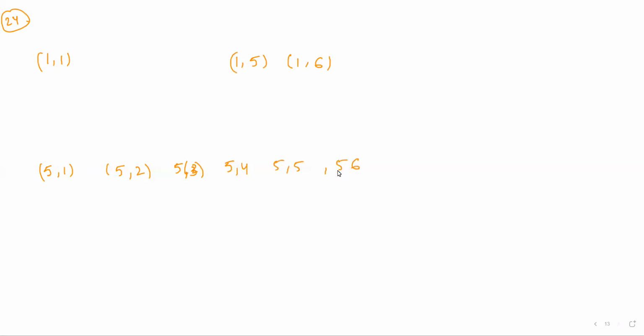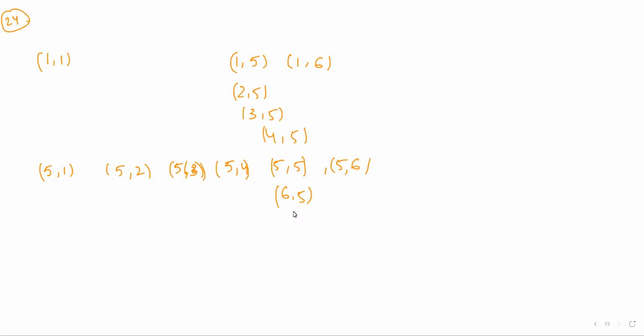Then 2 5, 3 5, 4 5, and 6 5. This is how it looks. Now you have to find the probability that 5 will not come either time.